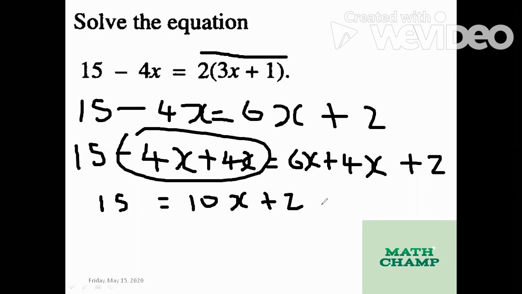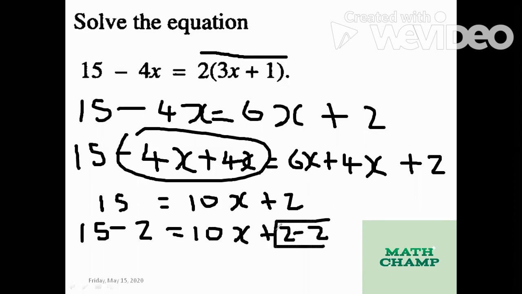So we're going to get rid of plus 2 on the right by subtracting 2 from it. And what we do on the right, we also have to do on the left. So that will give us 0. And 15 minus 2 is 13.